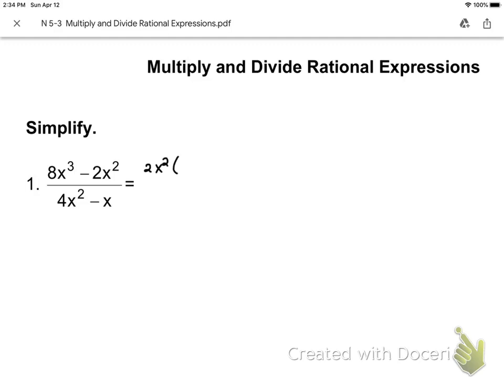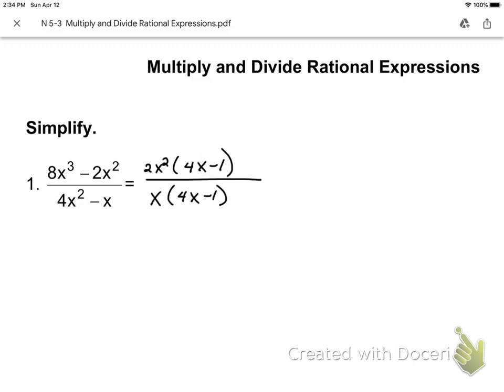And then we're going to be left with 4x minus 1. Because when I divide each of those by 2x squared, that's what I'm left with. In the denominator, we have a greatest common factor of just x. And then when we divide everything by x, we're left with 4x minus 1.